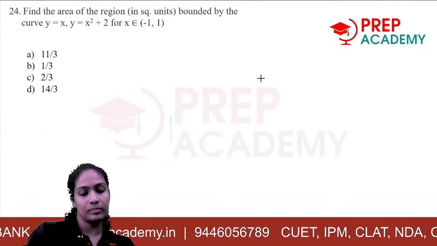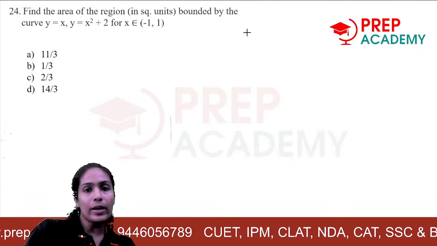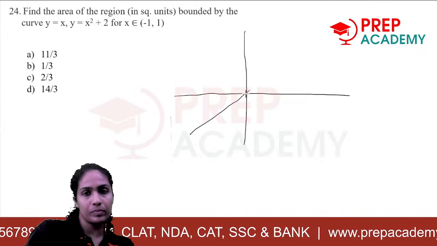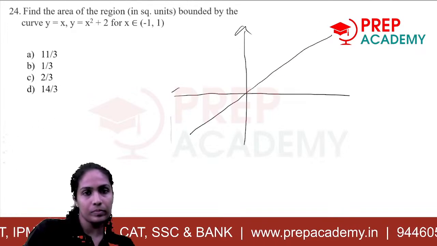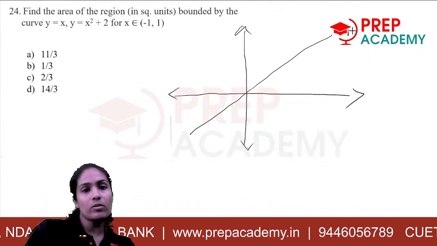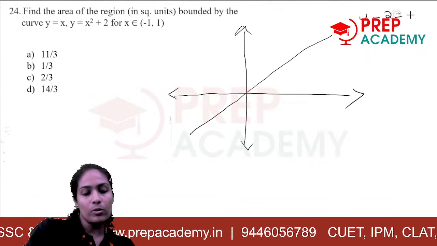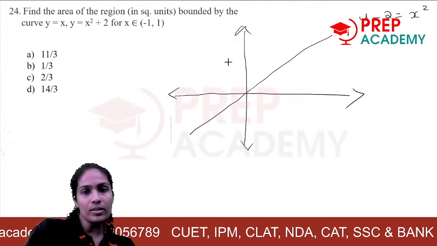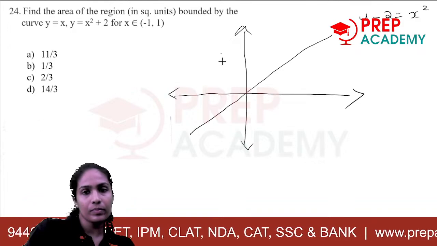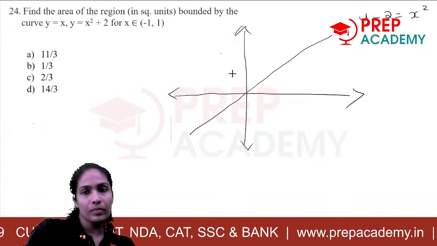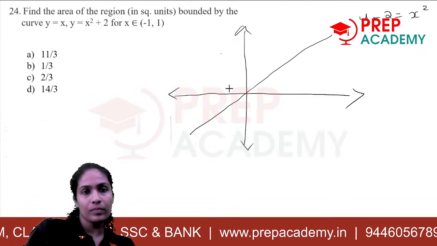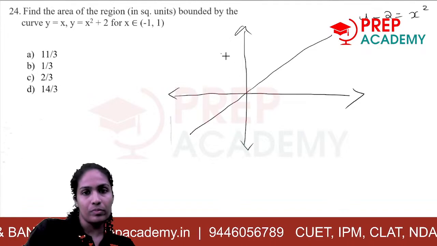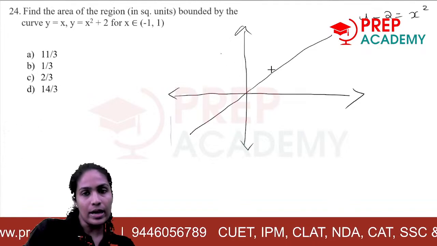So y equal to x is a straight line passing through the origin. y equal to x square plus 2, that is y minus 2 equal to x square, is a parabola symmetrical along the y-axis with the vertex at 0, 2.